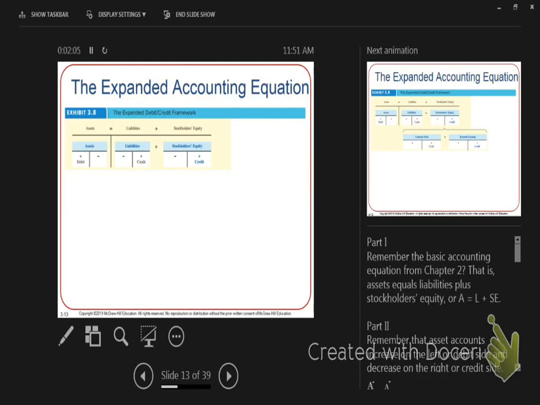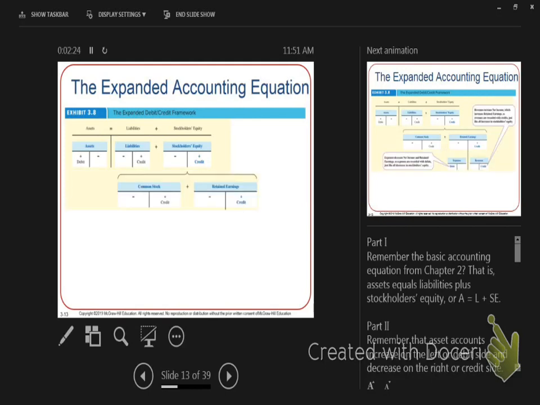So what balance are expenses going to carry? Debit. And dividends are also going to decrease retained earnings, so they're going to carry a debit balance. So expenses and dividends are the two things under retained earnings that are going to decrease retained earnings.